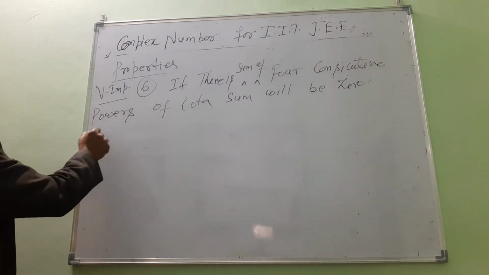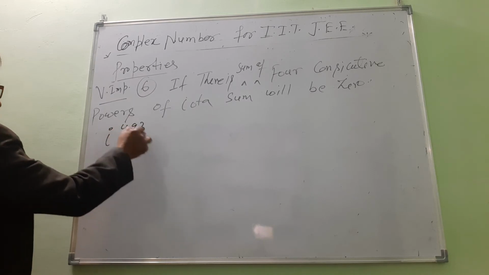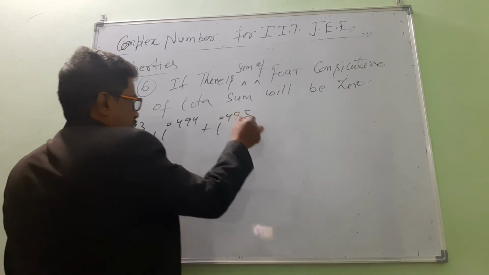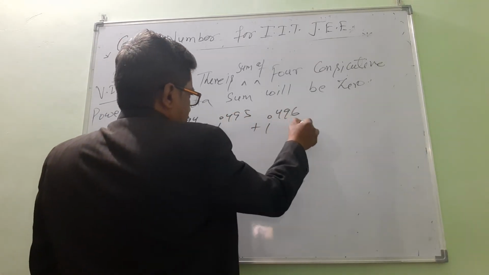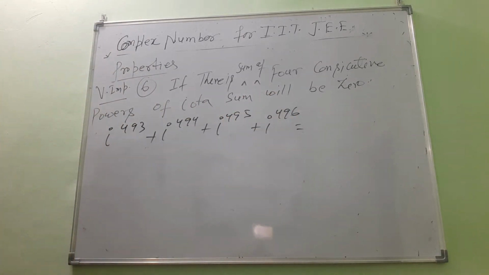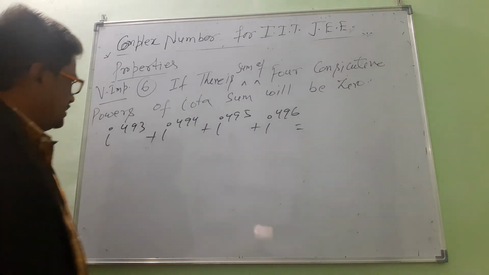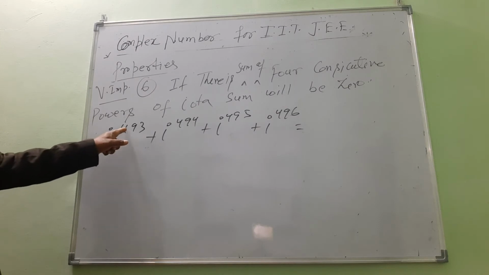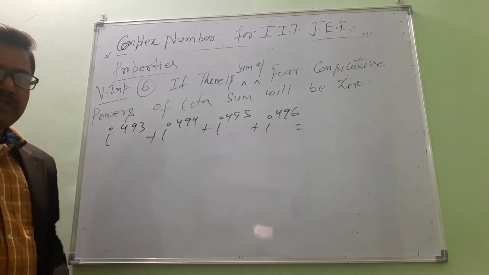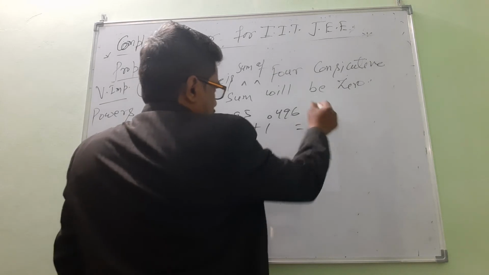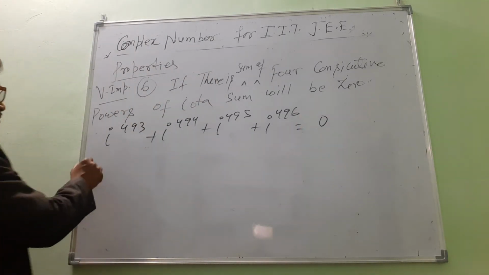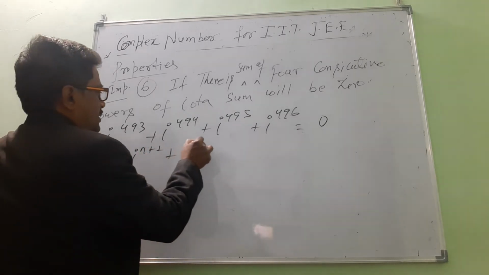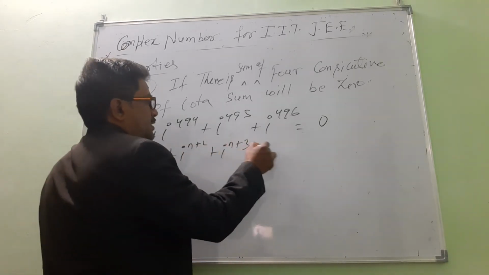What I want to say is: iota to the power 493 plus iota to the power 494 plus iota to the power 495 plus iota to the power 496. If you are asked what the answer will be, you can observe there are 4 consecutive powers of iota, so the answer will be 0. So iota to the power n plus iota to the power n plus 1 plus iota to the power n plus 2 plus iota to the power n plus 3, this sum will be 0.